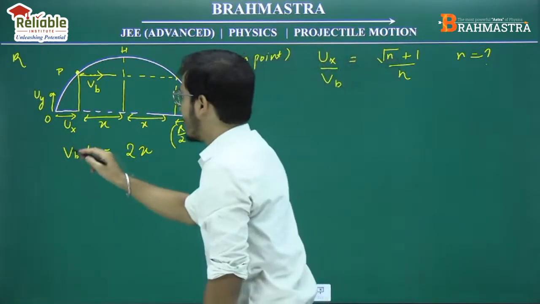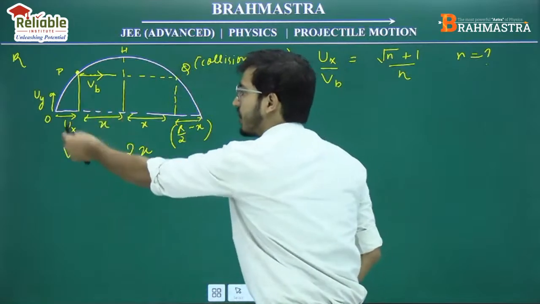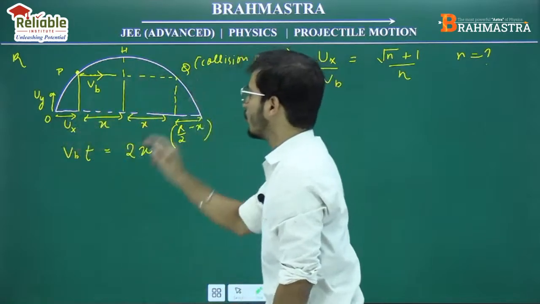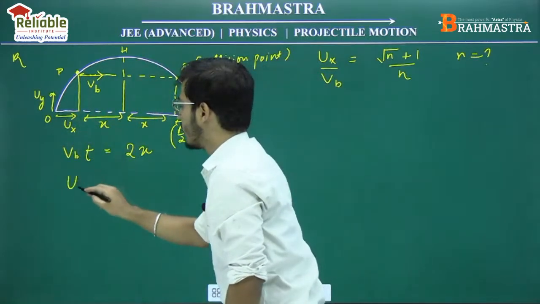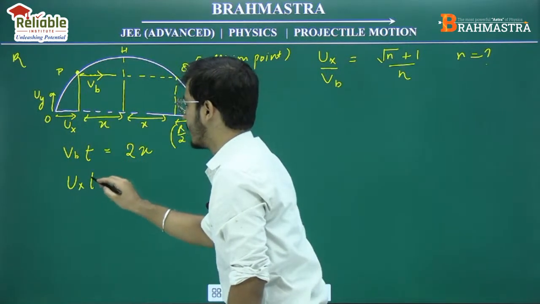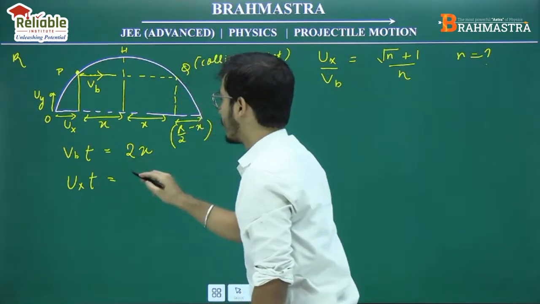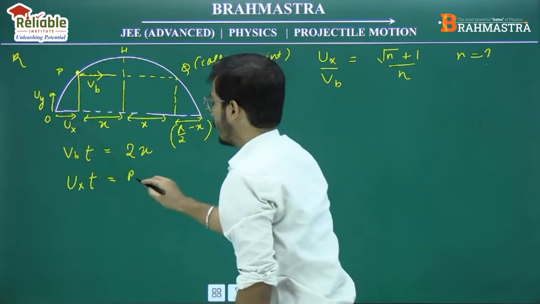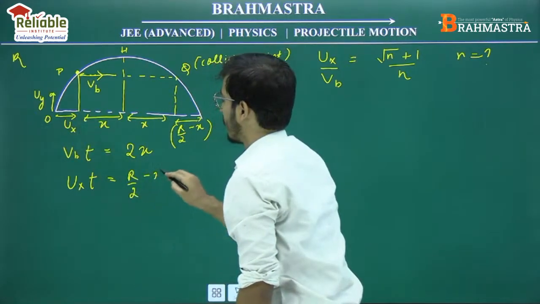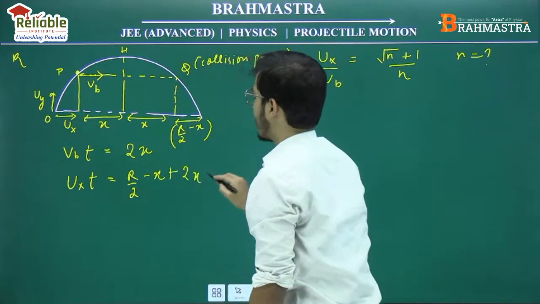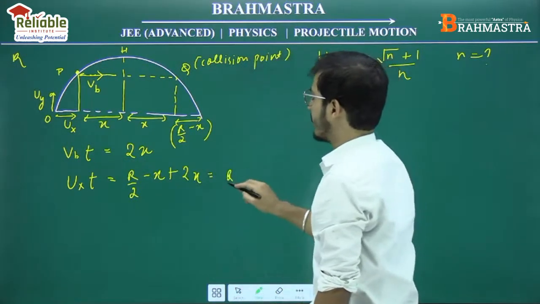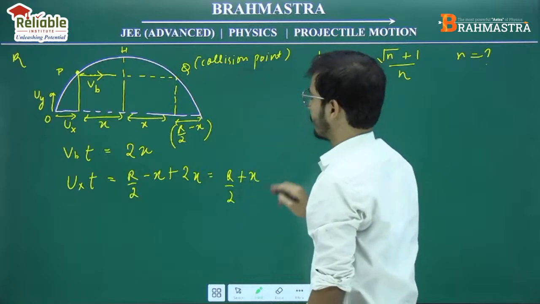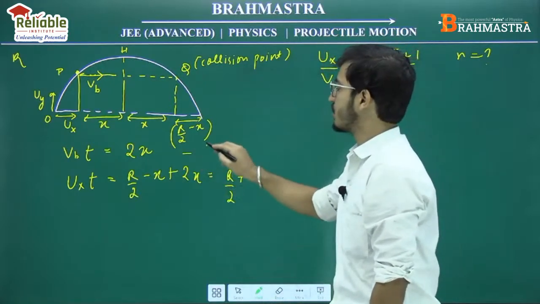Similarly, in the same amount of time the stone travels from O to Q. So the horizontal distance it covers is UX into the same time interval t, and it comes out to be R by 2 minus x, and you add 2x inside it. So you are getting R by 2 plus x. So these are the two equations which we are getting.